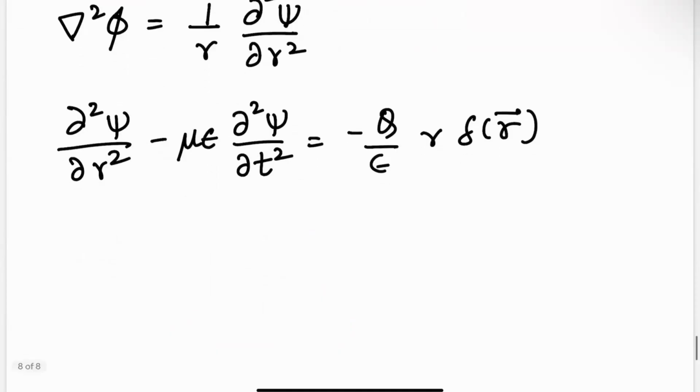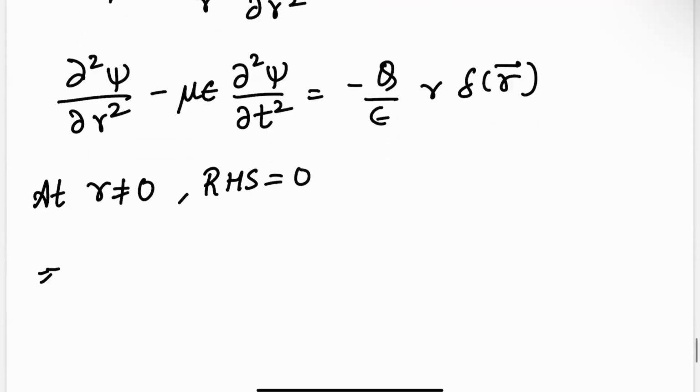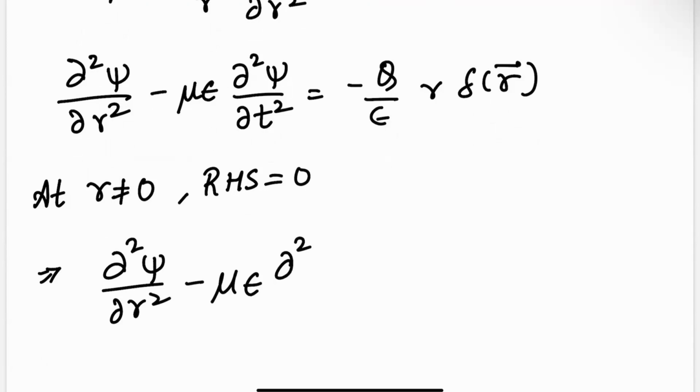Okay. All right. So now we know at r not equal to 0, the right hand side is 0 because of the delta function, right? Which means that d squared psi over dr squared minus mu epsilon d squared psi over dt squared is equal to 0.